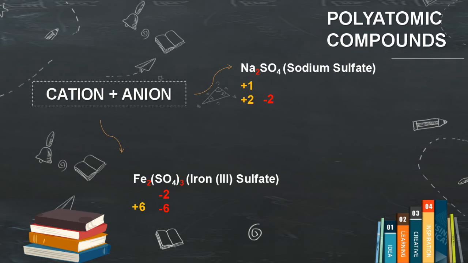And to make it balanced, iron has 6 plus charge, but iron has 2 as subscript. So for 1 iron it is 3 plus charge. And the name is iron 3 sulfide.